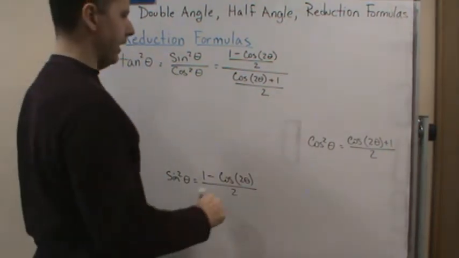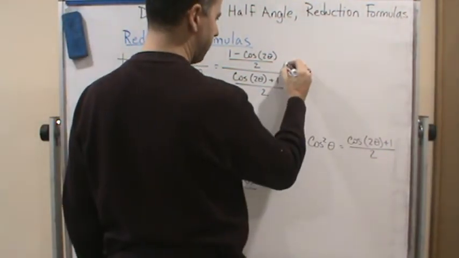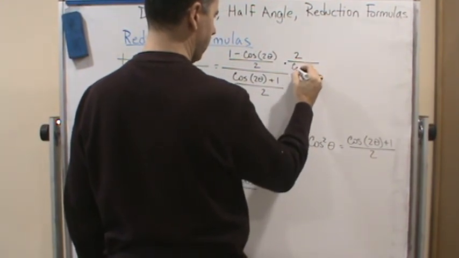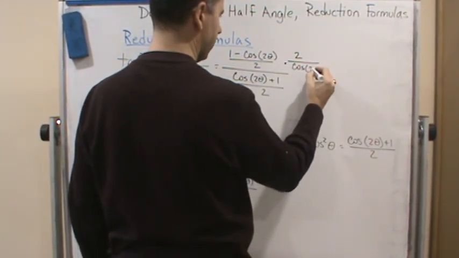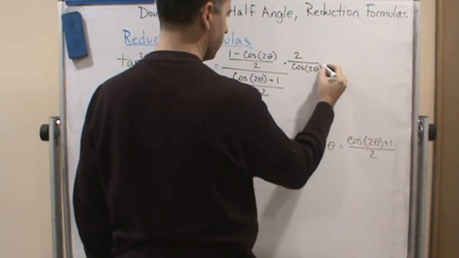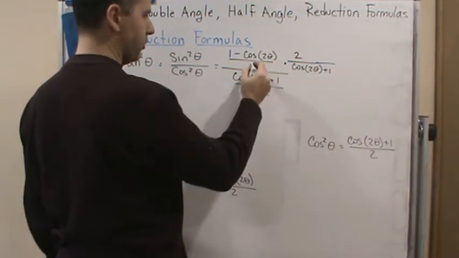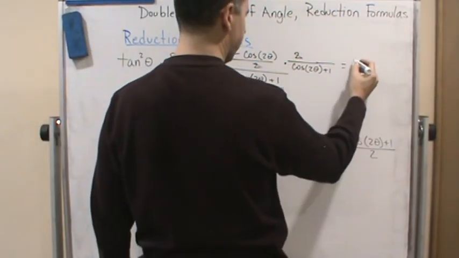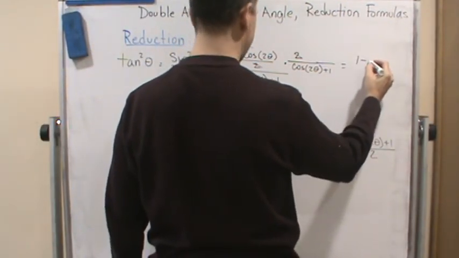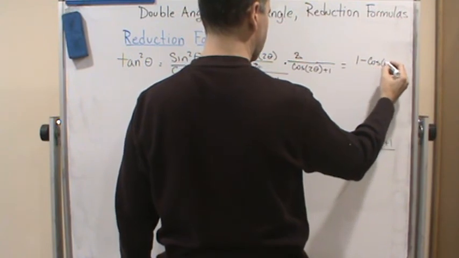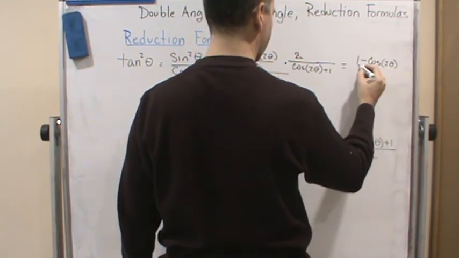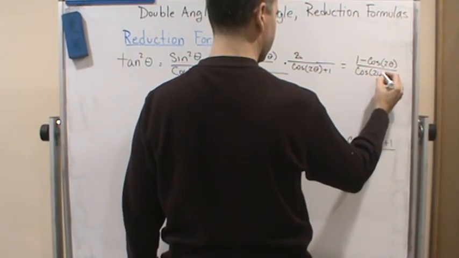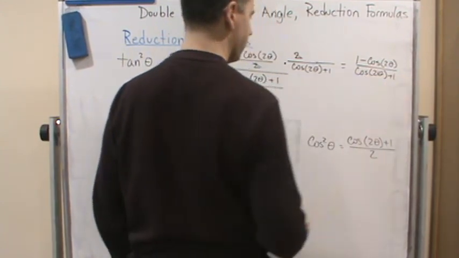And again, if I multiply by the reciprocal, 2 over cosine 2 theta plus 1, then the 2's are going to cancel, and I end up with my final result, which is 1 minus cosine 2 theta over cosine 2 theta plus 1.